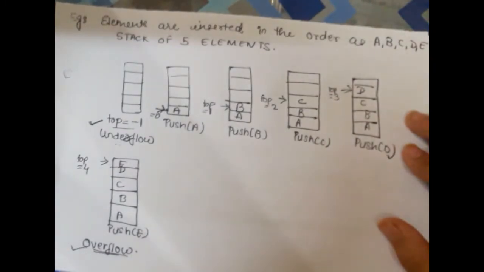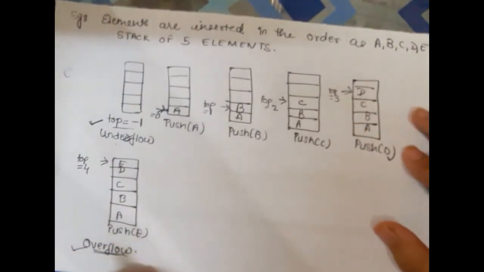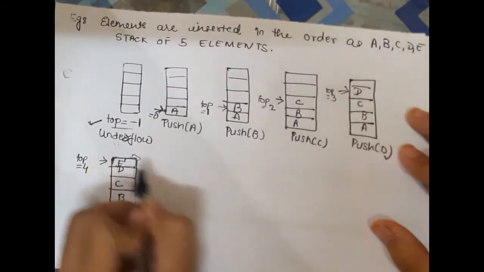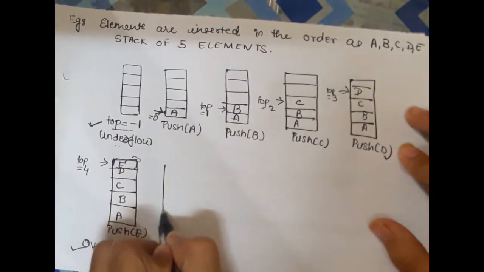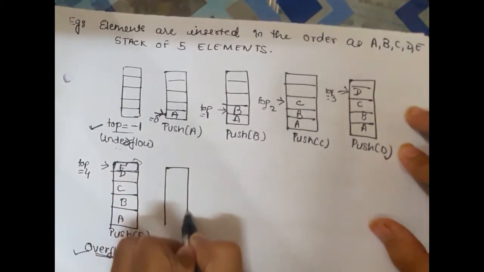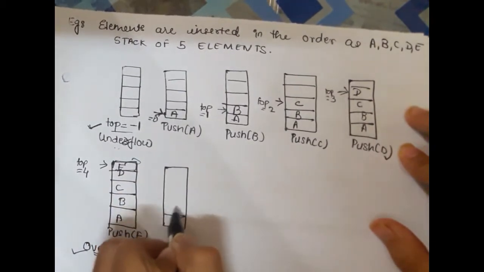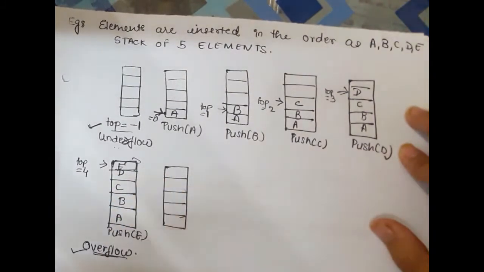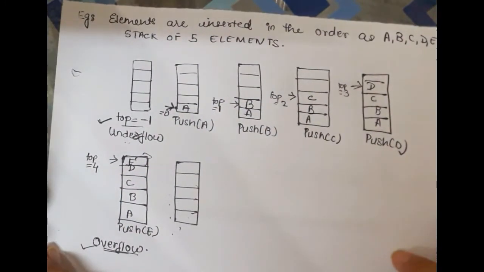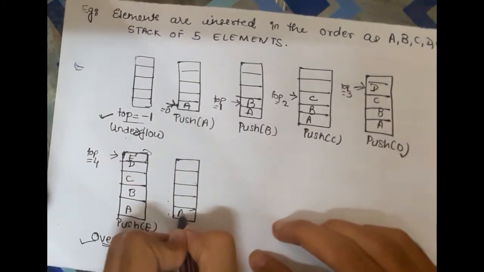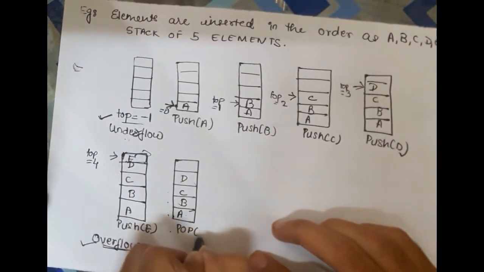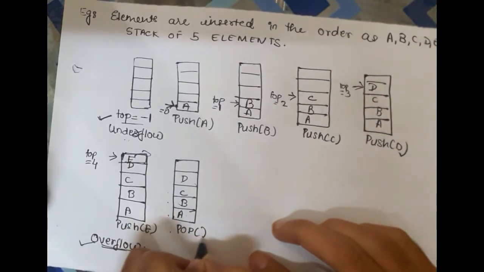Now we will delete elements from the stack. For deleting, the element which is at the top of the stack will be deleted first. So now pop E. Here we do not have to mention any argument, okay?